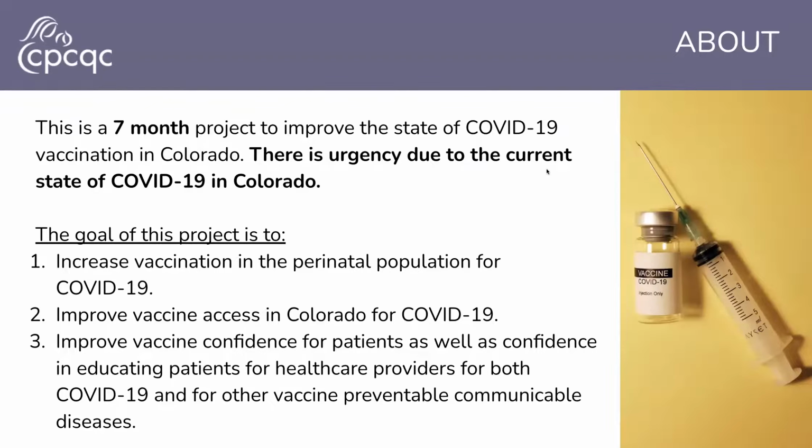And the goal of this project, there's a few different goals that we've come up with, but one is to increase the vaccination of people in the perinatal population for COVID-19, improve COVID-19 vaccine access in Colorado, and then improve vaccine confidence for patients on COVID-19 as well as other communicable illnesses, as well as confidence of healthcare providers in providing education on COVID-19 vaccines.